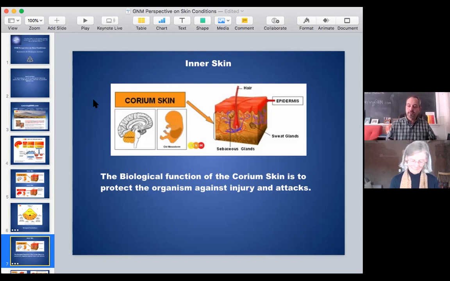So when the biological program kicks in, the biological function will increase to give us that upper hand. There's going to be an enhancement in the biological function, and that applies to every tissue of the body. For example, the biological function of the corium skin is to protect the organism against injury and attacks. It has a protective function.